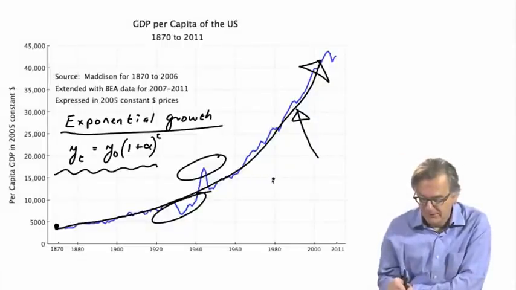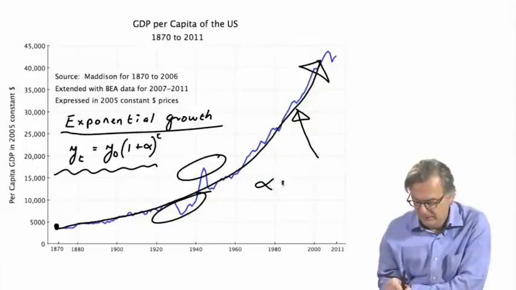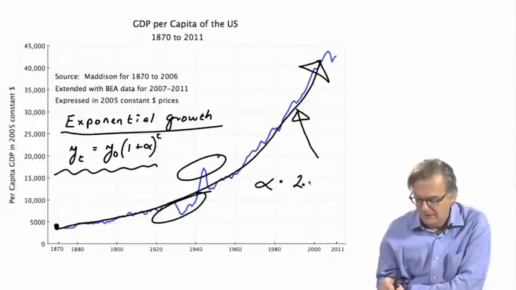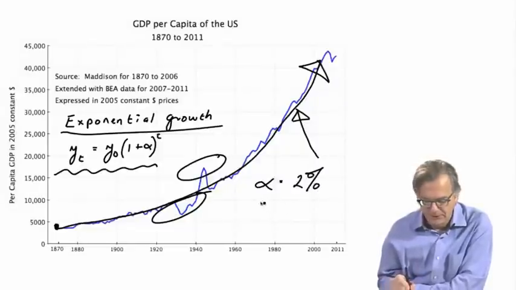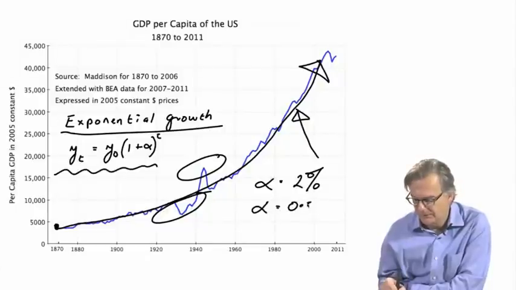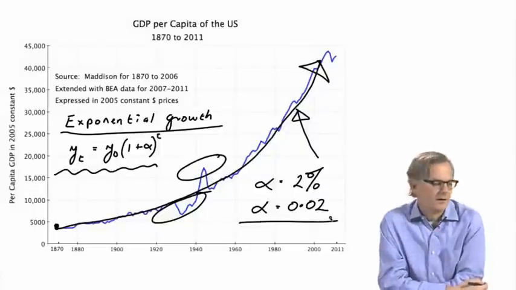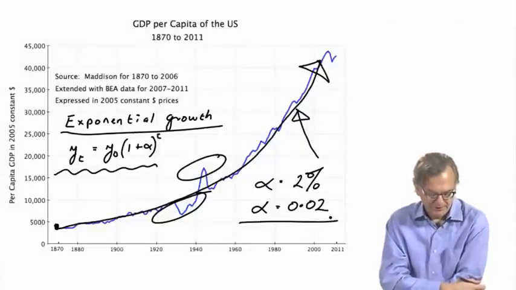As I said previously, alpha, which is the annual growth rate for the United States, is around 2%. In terms of the actual formula, the way we would represent that is alpha equals 0.02. So what's interesting about that?